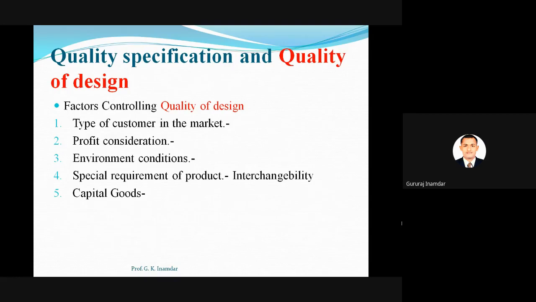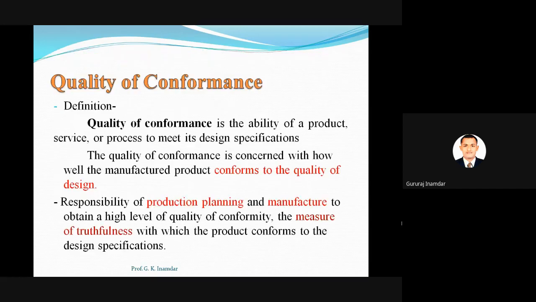So our next point is quality of conformance. So already I think we have discussed this point. Definition of the quality of conformance: quality of conformance is the ability of product, service or process to meet its design specification.